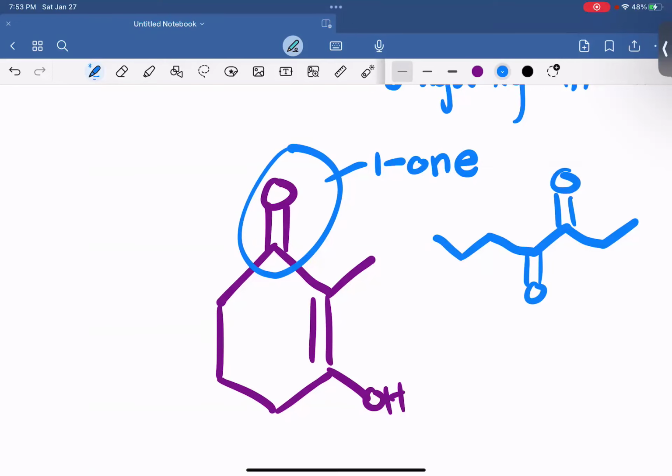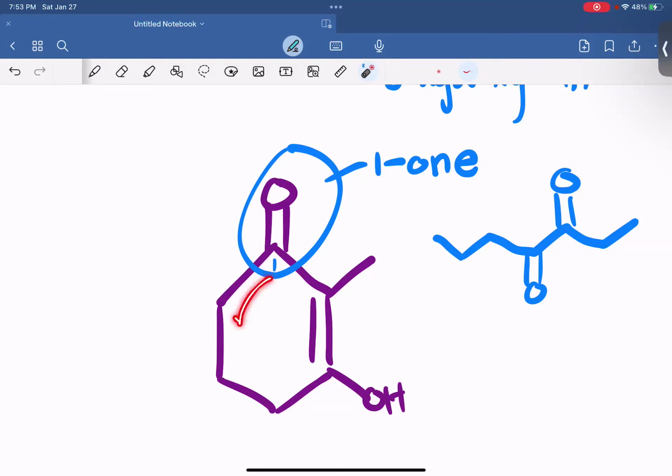In a ring, we could start counting really anywhere we want, for example 1, 2, 3, 4. But we want to give the highest priority functional group the lowest number possible. Since we can start counting wherever, we should give it the number 1. Then we start counting in the direction that puts the substituents at a low number set.